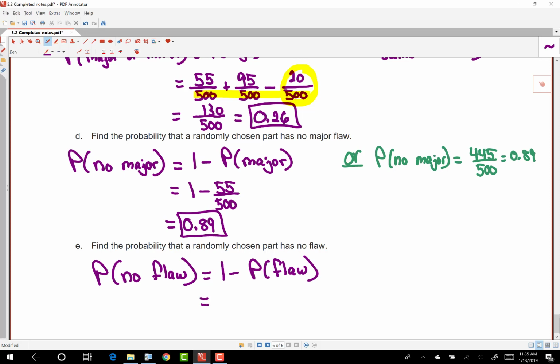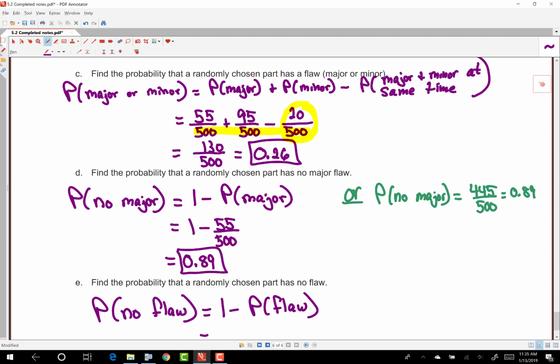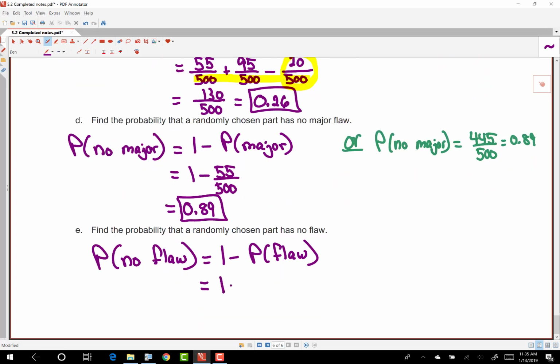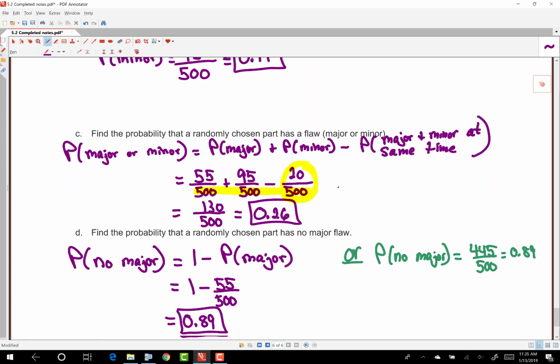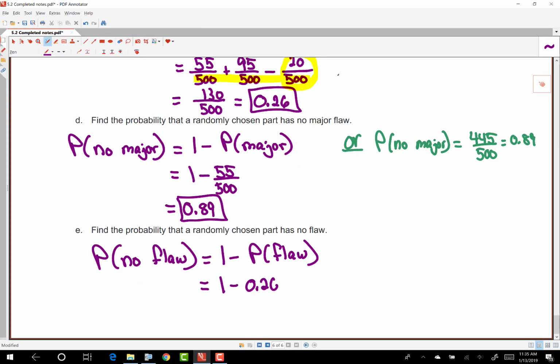And that's what we calculated in part C. Because remember, in part C, it was find the probability that a randomly chosen part has a flaw, so either major or minor. And so that was 0.26. So we could do 1 minus 0.26, and that's going to give us 0.74. And so that's the probability that it doesn't have a flaw.